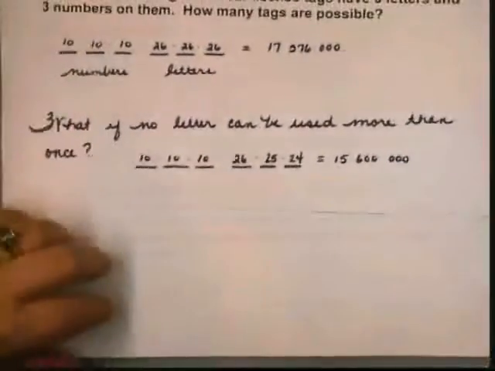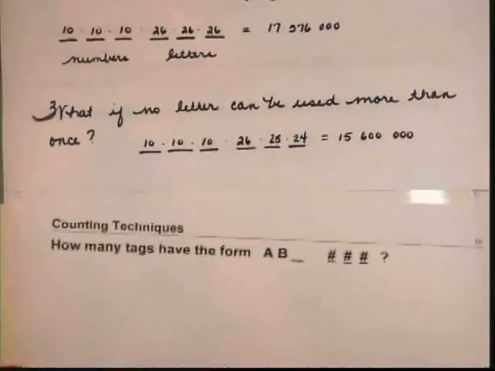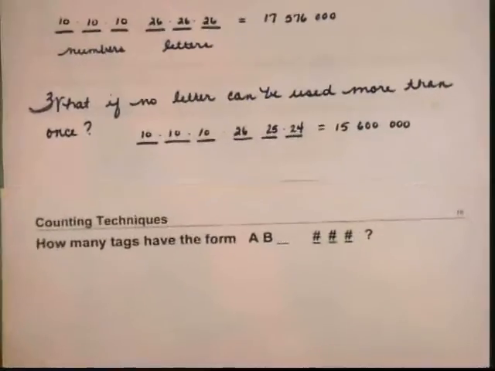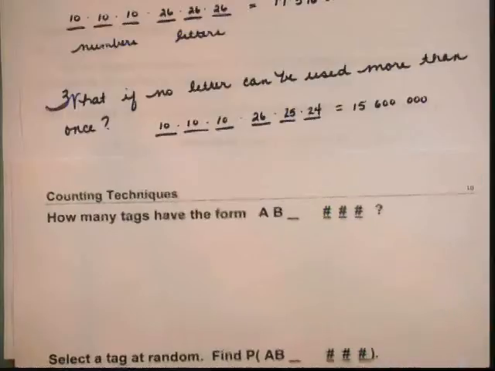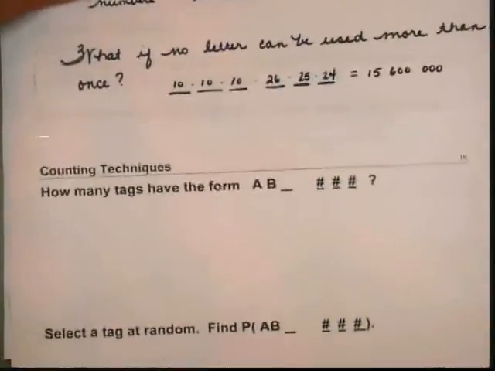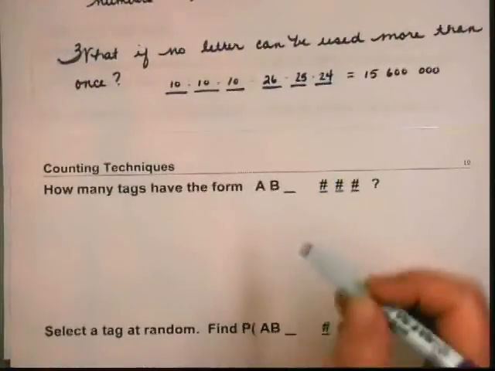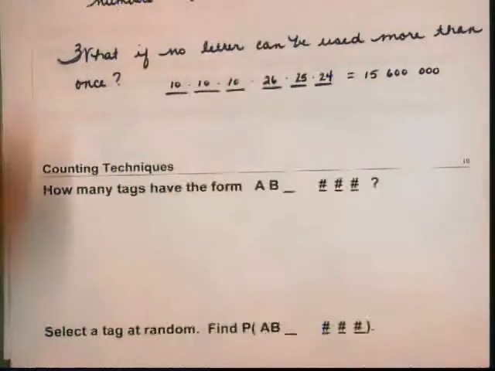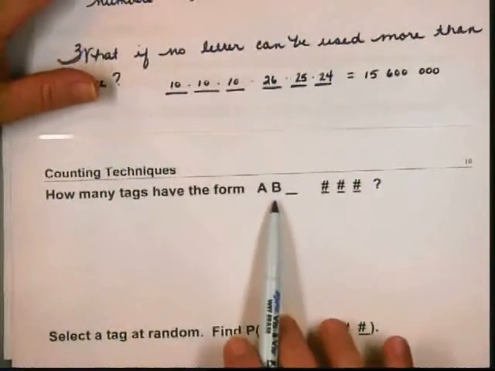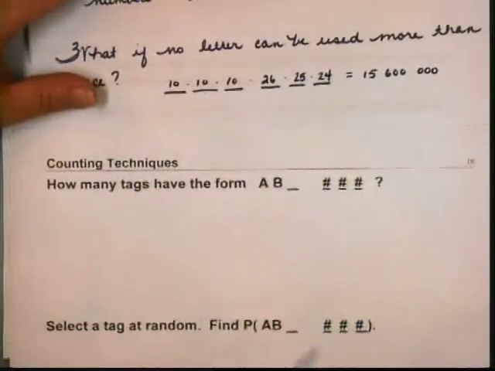Okay, we don't need quite as much space as I've budgeted on these next two, on this next page. How many tags are the form AB something? Pardon me, I went here with letters first. Okay, that's all right. So I did numbers first, letters here. So if I switch this around to letters, numbers, that's our old style. I didn't realize I needed to flip that.